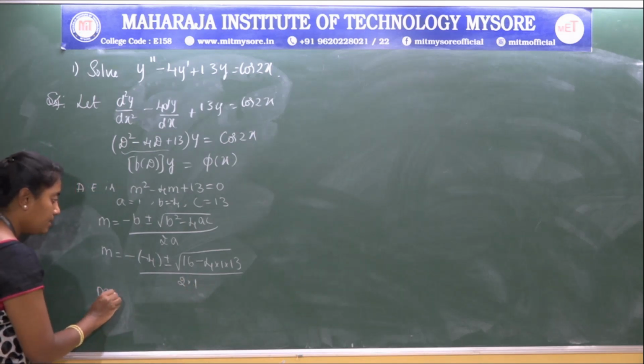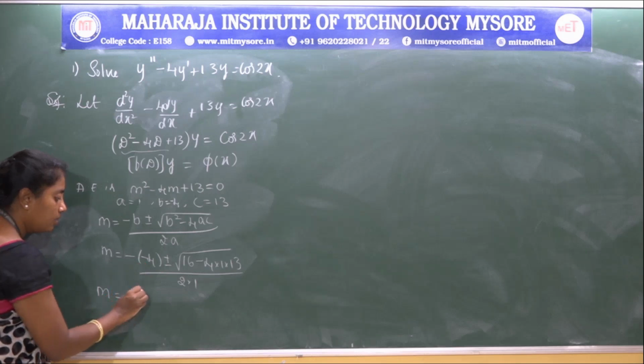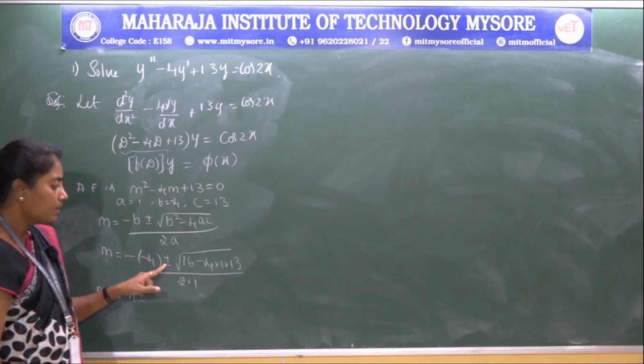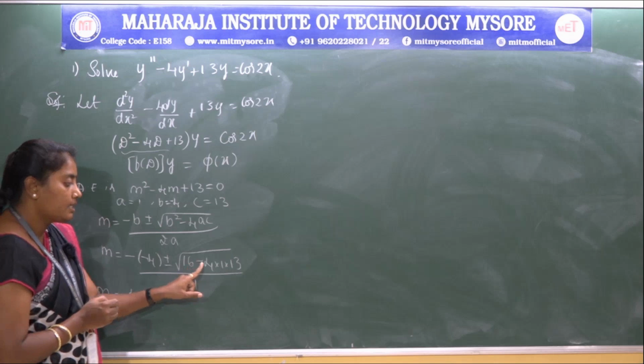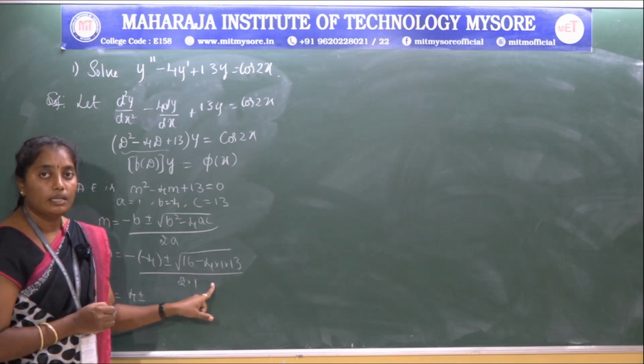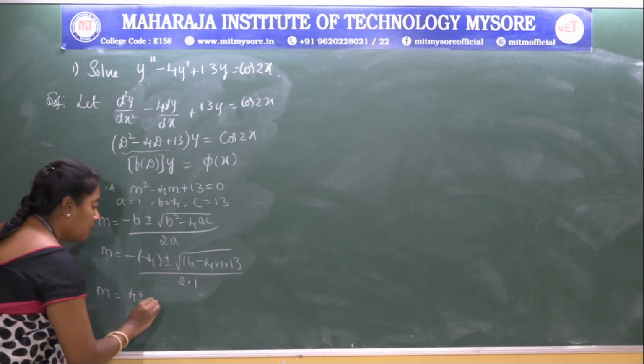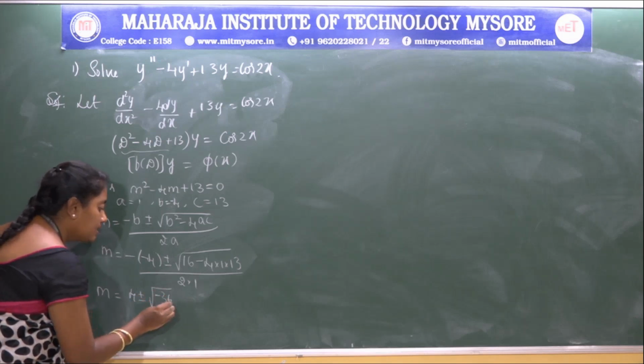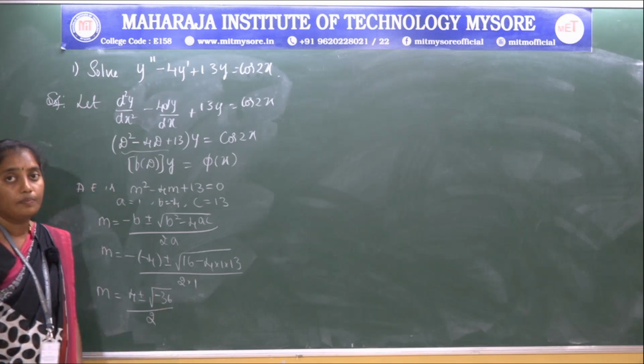Simplifying again, m is equal to minus of -4, that is 4, plus or minus root of 16 minus 52. 16 minus 52 is minus 36, divided by 2.